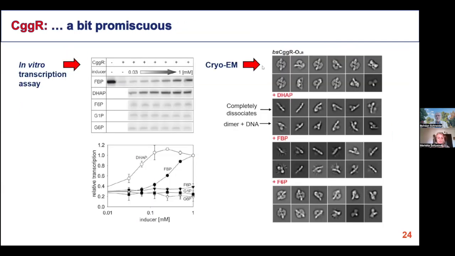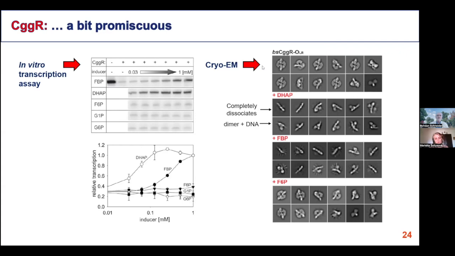So we asked this question, and first, the in vitro transcription assay was applied to test the effect of the suspected ligands, and it really showed that DHAP induces the transcription even more efficiently than FBP. Further, we wondered if we can capture the disintegration of the complex upon the addition of the effectors, and if we do, whether we will observe the same for DHAP and FBP.